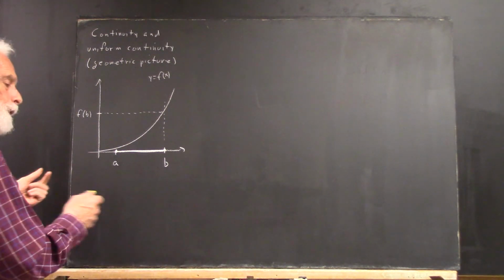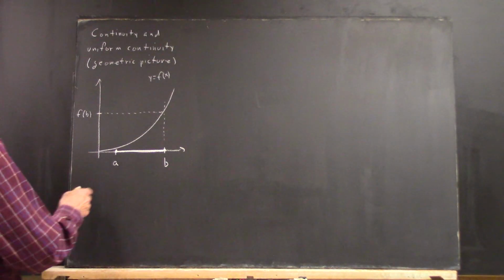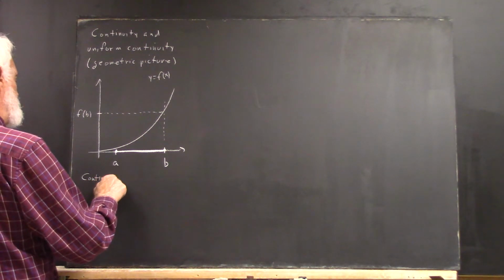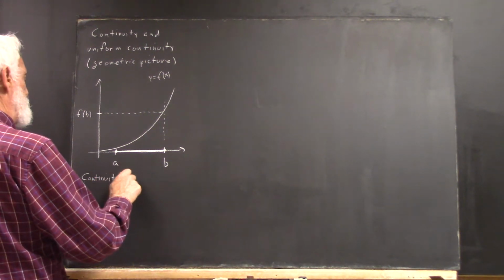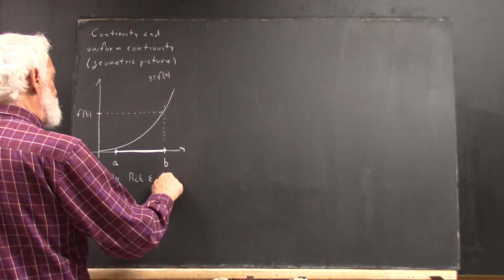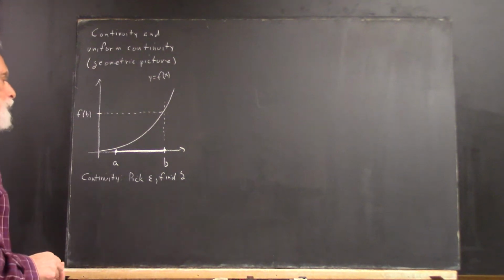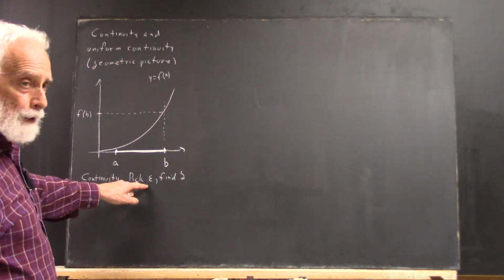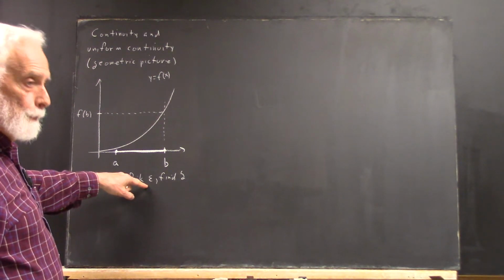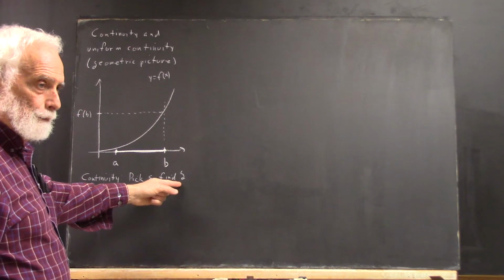Okay, so to find uniform continuity, it says, well, first continuity. Pick your epsilon, you find your delta. Your epsilon is how close you want the value of the function to be when you restrict the value of x by delta.